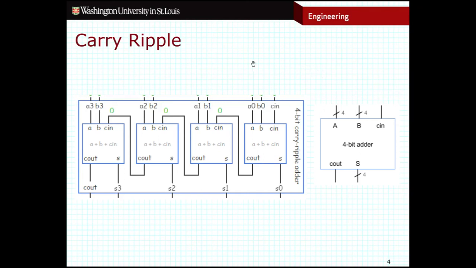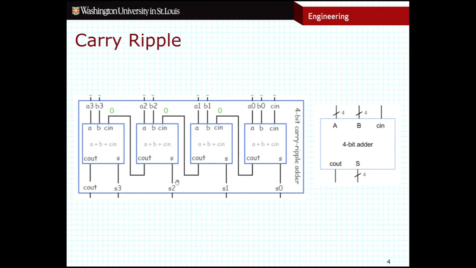One final thing to note, we have recently talked about timings within digital circuits. One final thing to note about this carry ripple adder is the fact that there is some delay involved. So consider that I cannot get the proper answer for this bit here, S1, until I determine what the proper result is for this carry out bit from S0, since carry out determines, in part, what the value of S1 is.